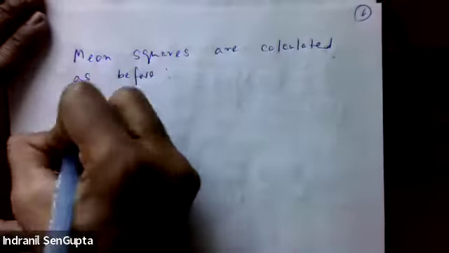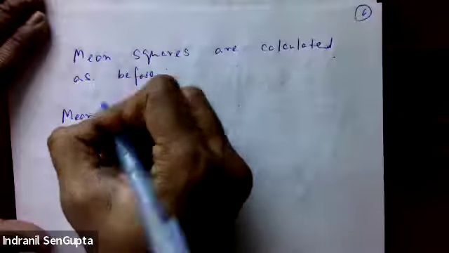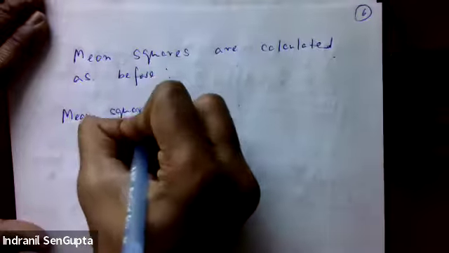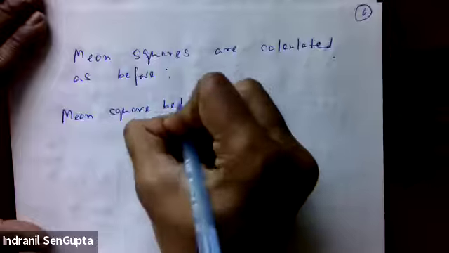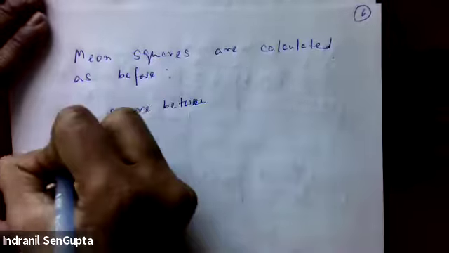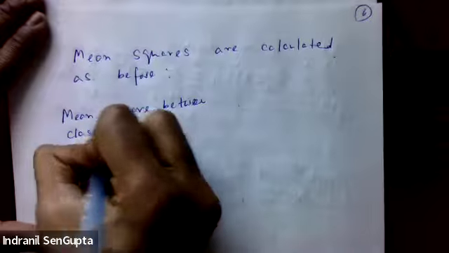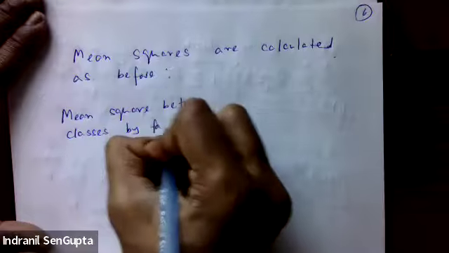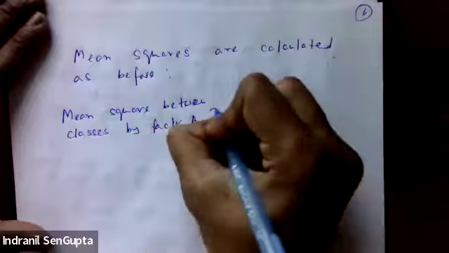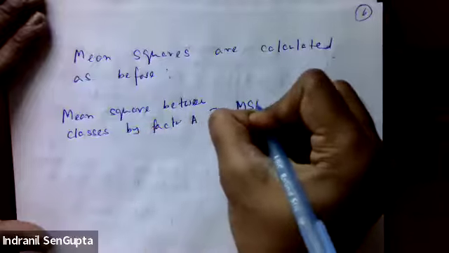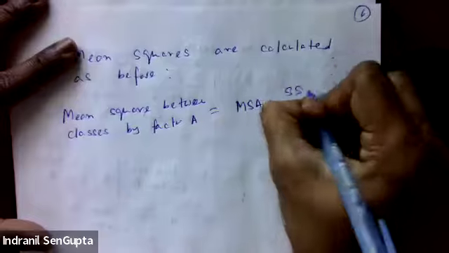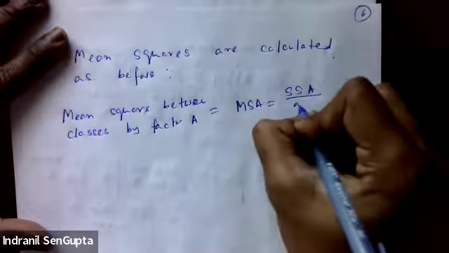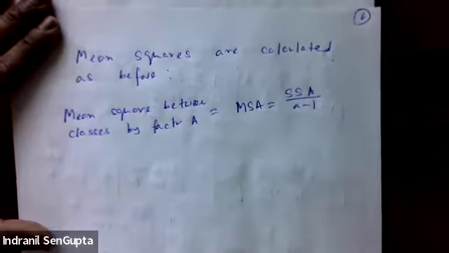So for instance, the mean square between classes by factor A, which we call MSA, is really SSA divided by its corresponding degrees of freedom, that is A minus 1.